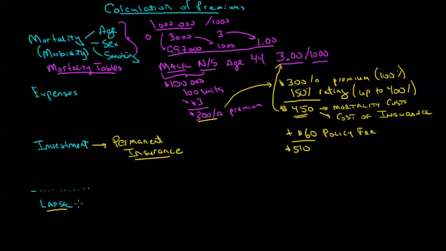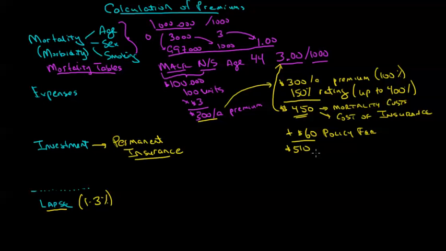So we can incorporate those lapse assumptions into our calculations, and normally lapse assumptions are somewhere around 1 to 3%. That is, we assume that somewhere between 1 to 3% of a given type of policy will lapse in a given year. And if that holds true, that's generally good for those who stay in their insurance policies. So now we end up at a $510 premium.